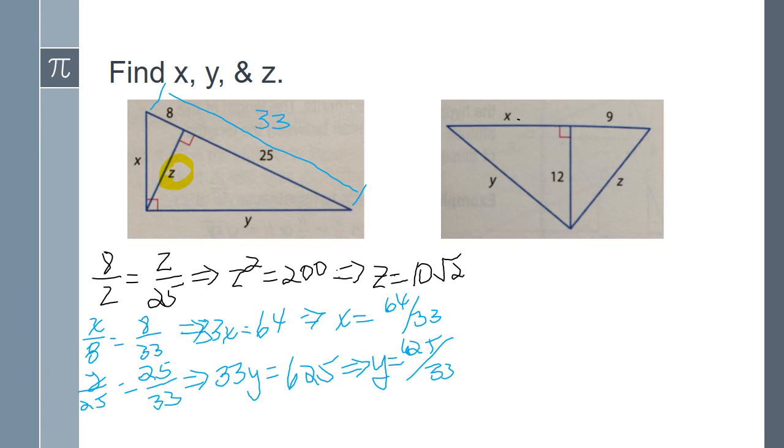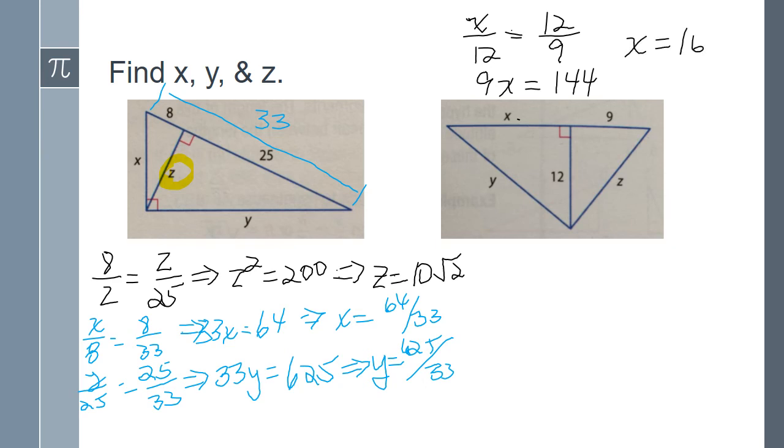I know 12 is a geometric mean, so I'm going to say x over 12 equals 12 over 9. So now we cross multiply, we get 9x equals 144. And 144 divided by 9 is equal to 16.